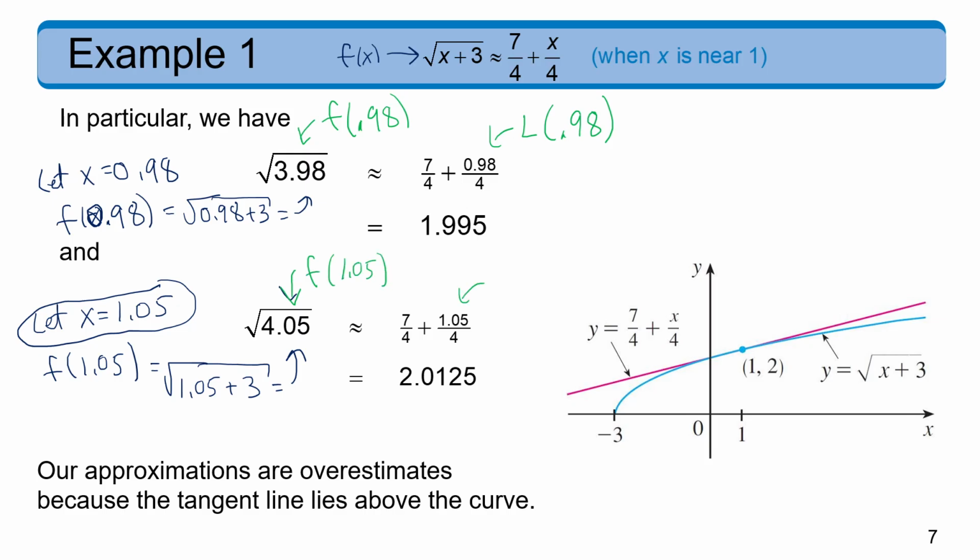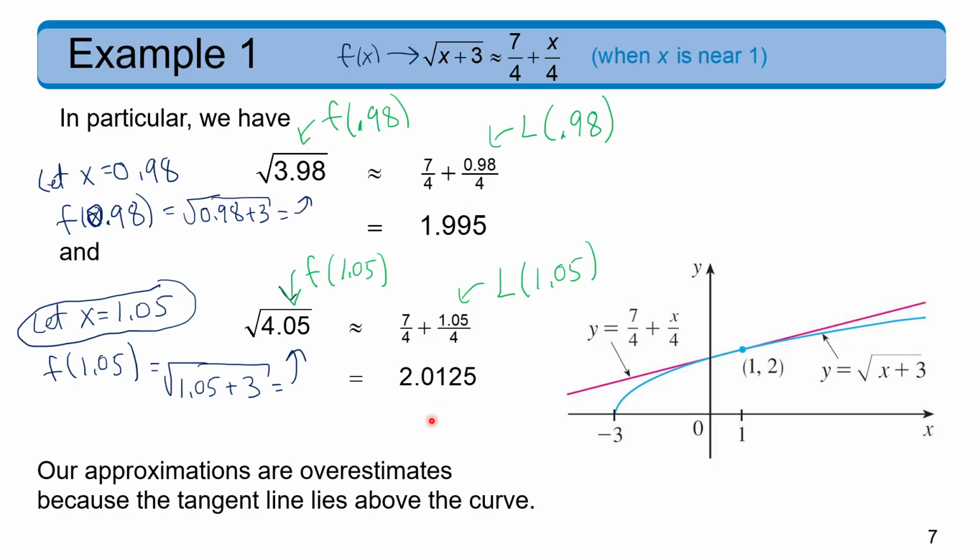And on the right, we're going to take L and plug in the same x value. We know these two should be approximately equal because notice the x we're plugging in is near 1, which is the requirement in order for the approximation to be very good. And then you could calculate this by hand, and it comes to 2.0125, which was just what we expected, a little bit bigger than 2.